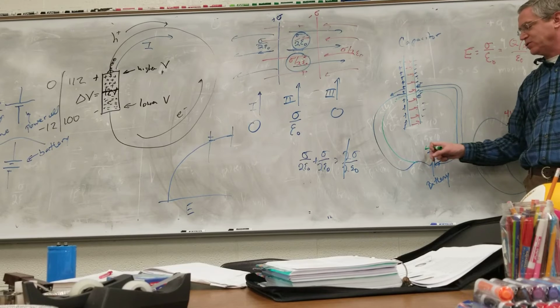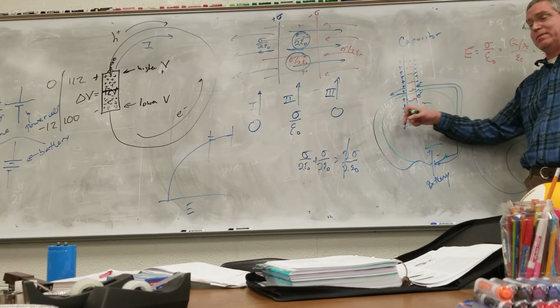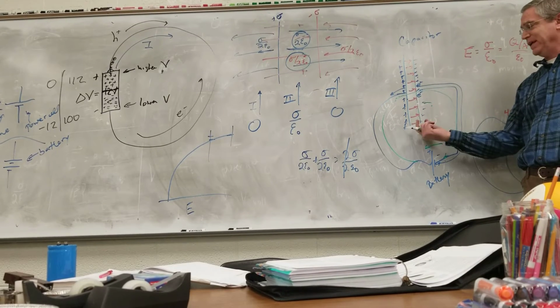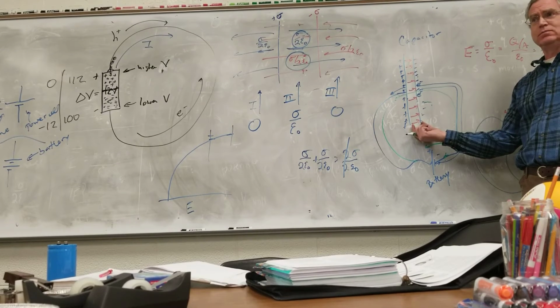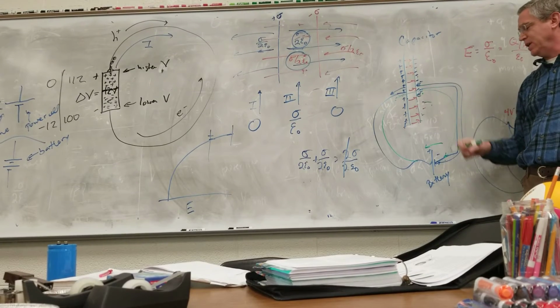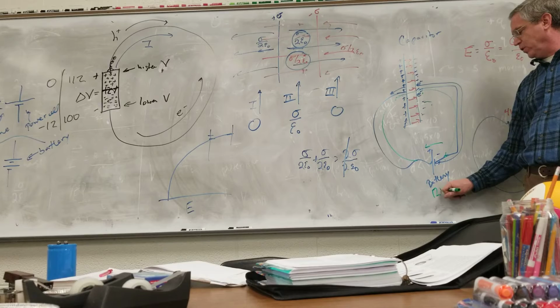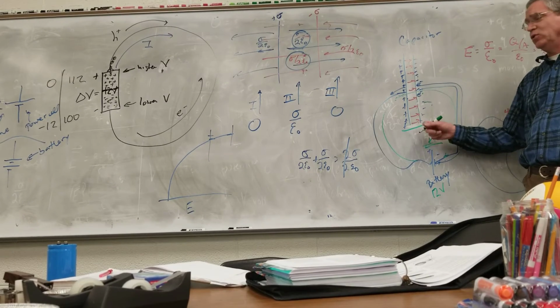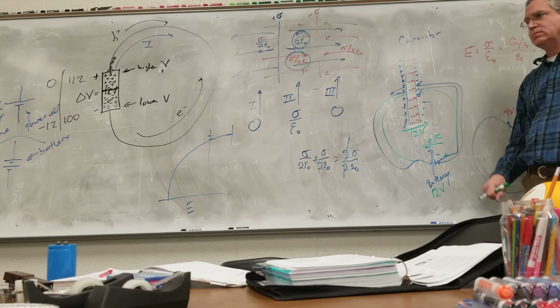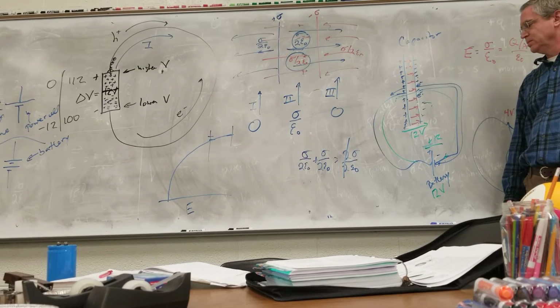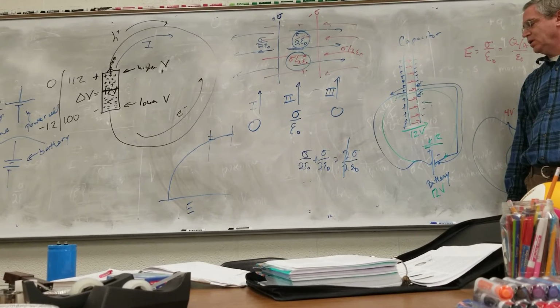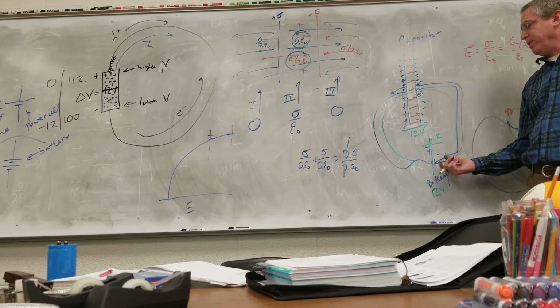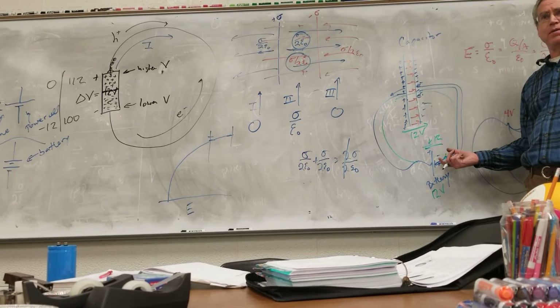So I get a plus going this way, I'm going to have to lose going this way. It is a negative change in potential. It's a negative voltage because I'm going from positive to negative. So if this is a 12 volt battery, I'm going to gain 12 volts going this way. I have to lose 12 volts going that way. So while this is hooked up to a battery, the voltage is set by the battery.